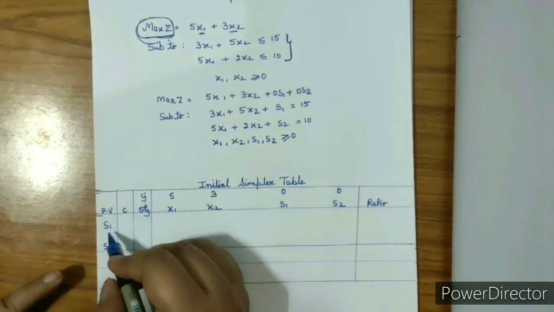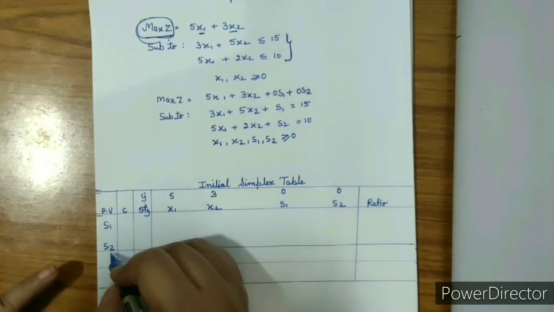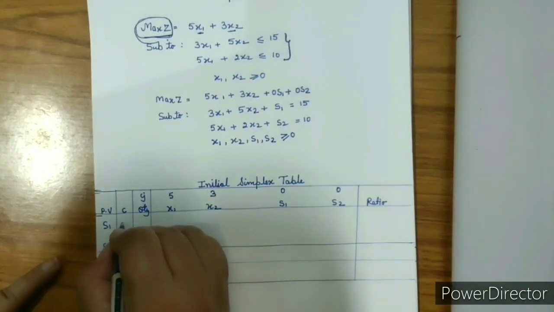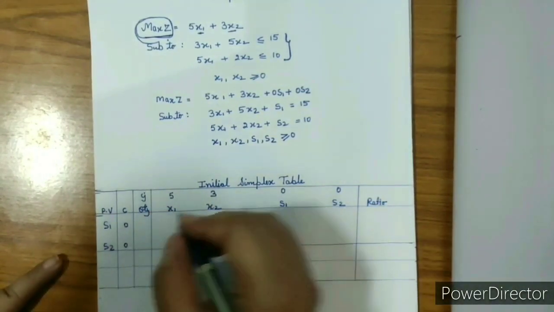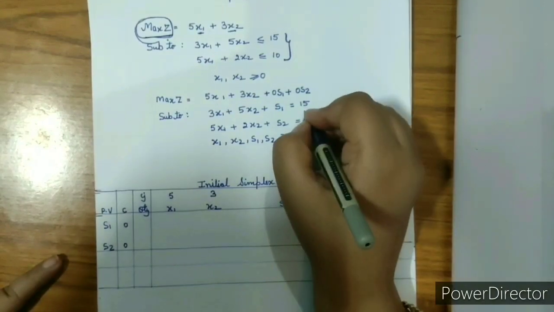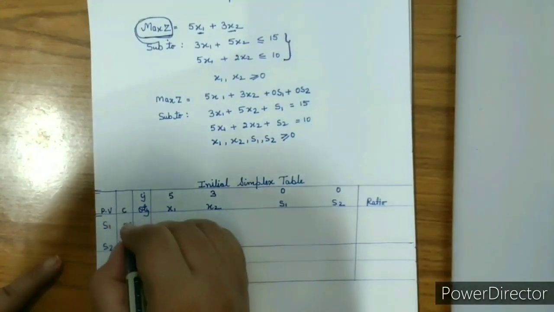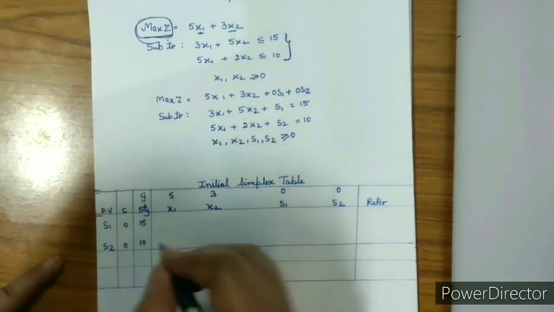Now, in the programming variable column, we have to write s1 and s2. The respective contribution of s1 is 0 and s2 is 0. In quantity, we have the maximum limits 15 and 10. So we write 15 and 10 here.